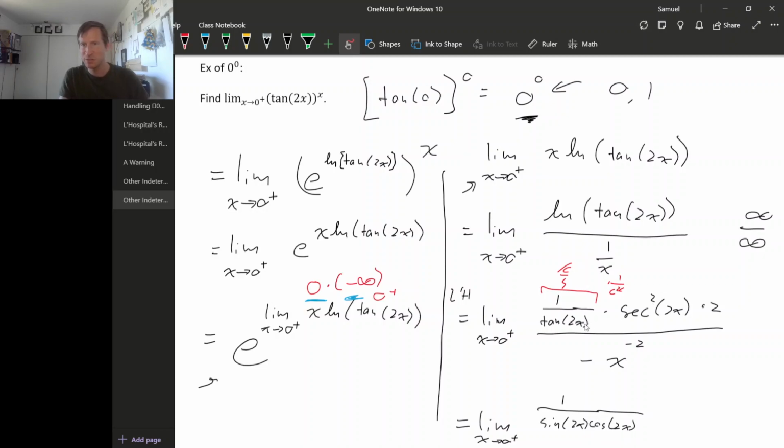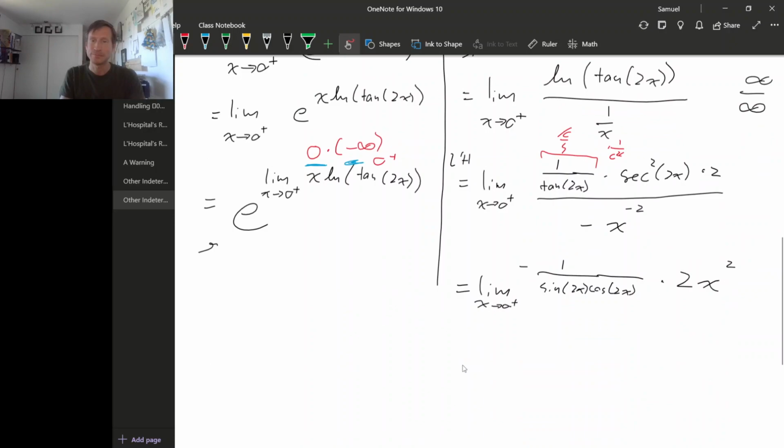That's just from these trig pieces. And then there's a times 2. And also there's a minus sign. And then this x to the minus second is in the denominator, so that's like having it with a positive exponent in the numerator. So limit as x goes to 0 from the right of minus 2x squared over sine 2x times cosine 2x.